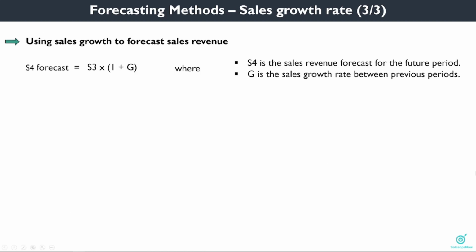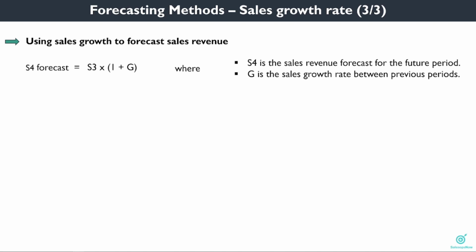In order to forecast the sales revenue for Q4 using the sales growth rate that we've just calculated, we will do Q4 sales forecast equal previous period sales revenue multiplied by 1 plus sales growth rate. So S4 in the formula here is the sales revenue forecast for the future period, so Q4.